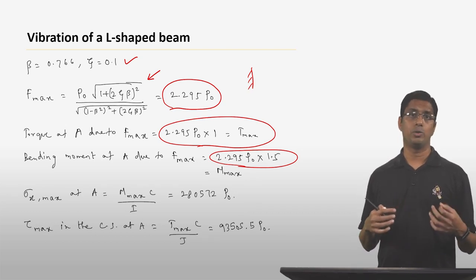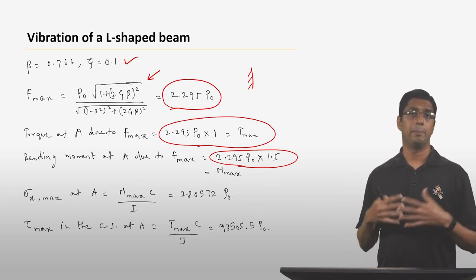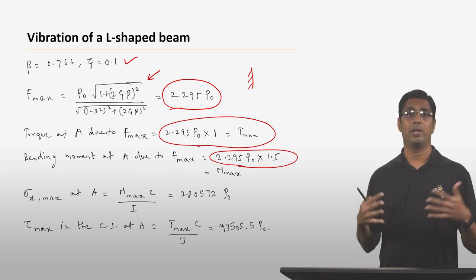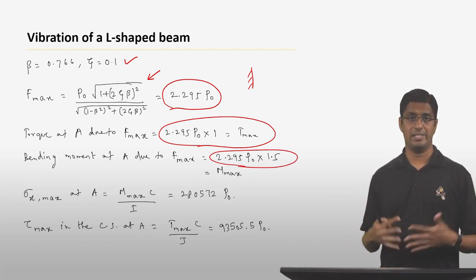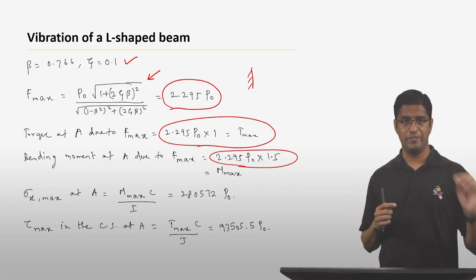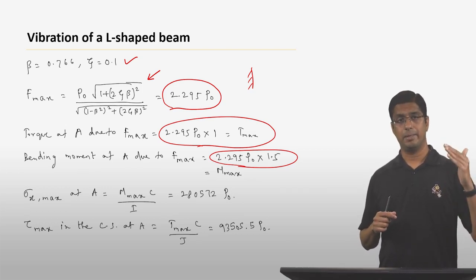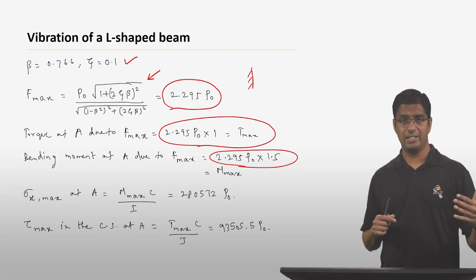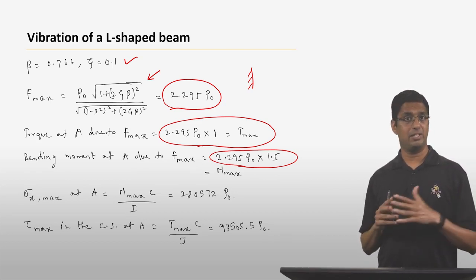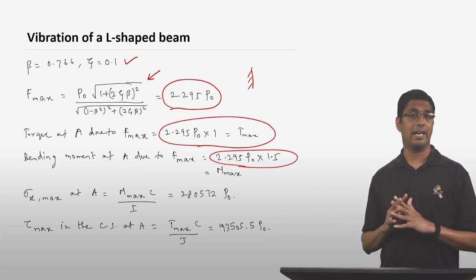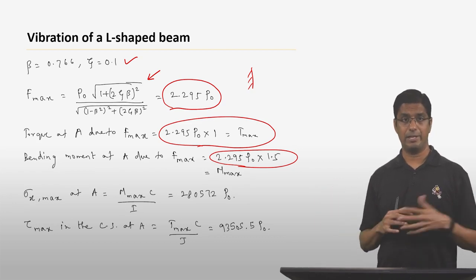Once you know the maximum torque and the maximum bending moment at the cross section at A, you can find the maximum bending stress and the maximum shear stress in the cross section at A. Again, I want to emphasize that this tau max is the maximum shear stress in the cross section at A. It is not tau max at the end at any plane. That we will get to in a minute.